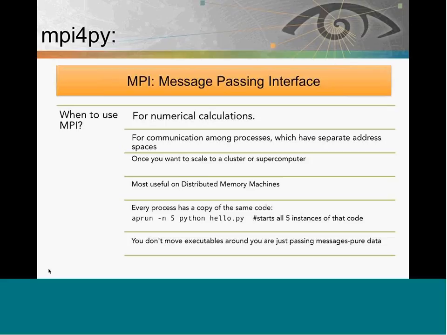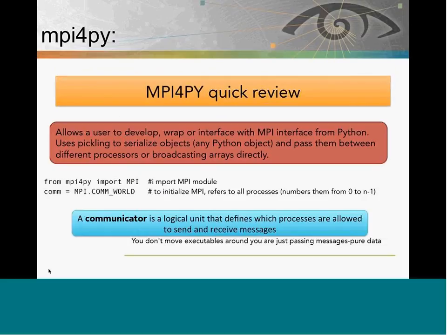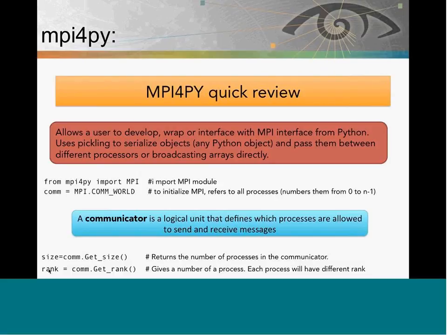And as I mentioned, you don't need executables, you are just passing messages to the different MPI ranks. To use MPI in your Python, you say from mpi4py import MPI.